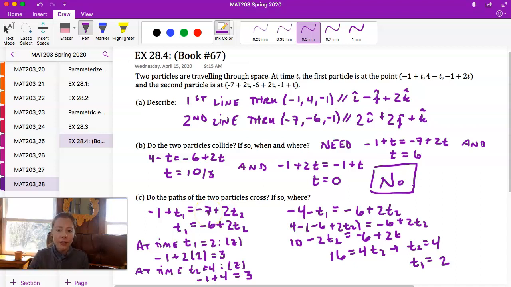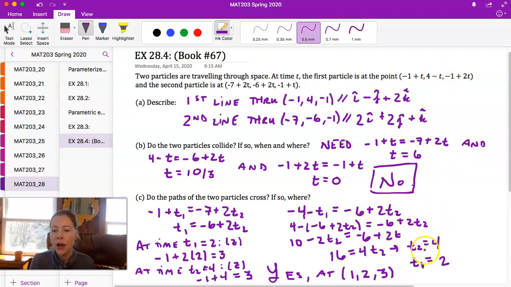So that means that yes, these paths do cross at the point (1, 2, 3). Because if we plug in 2 for t1, that gives us -1 plus 2 is 1 for our x, and 4 minus 2 is 2 for our y, and we figured out 3 is our z.